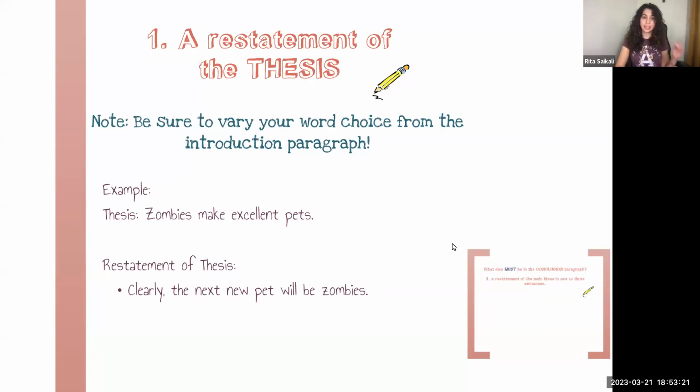So you're using the same idea, but different words. Cool? Okay. Awesome. Without a doubt, this is another example. Without a doubt, zombies are extremely useful as pets. Again, it's the same idea that zombies make excellent pets, except we're using different words or a different way of saying the same thing. Cool?